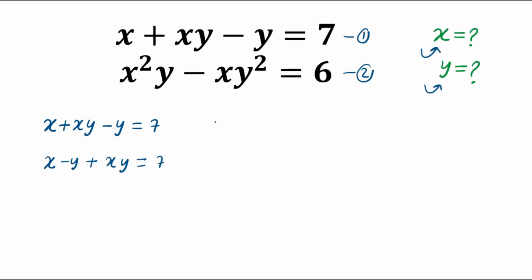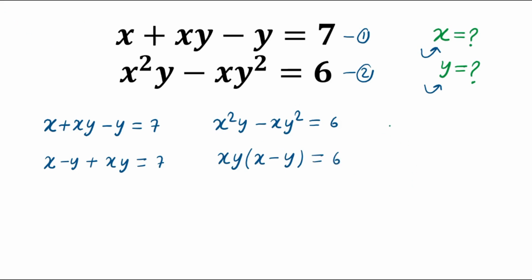Equation number second, x²y - xy² = 6. In the left hand side the common factor is xy. If we take xy common, then x²y divided by xy gives x, minus xy² divided by xy gives minus y, and this is equal to 6.